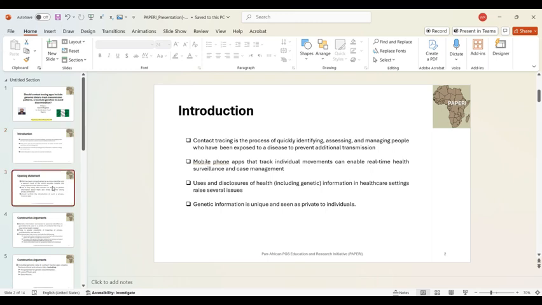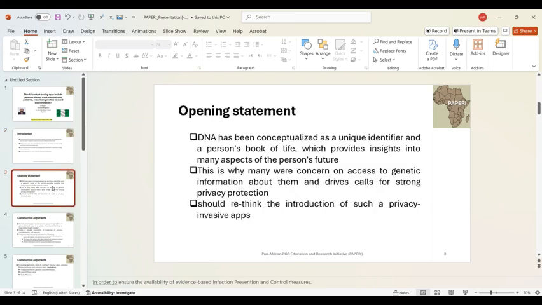As an opening, DNA has been conceptualized as a unique identifier and a person's book of life, which provides insight into many aspects of the person's features, whether through research or clinical activities.